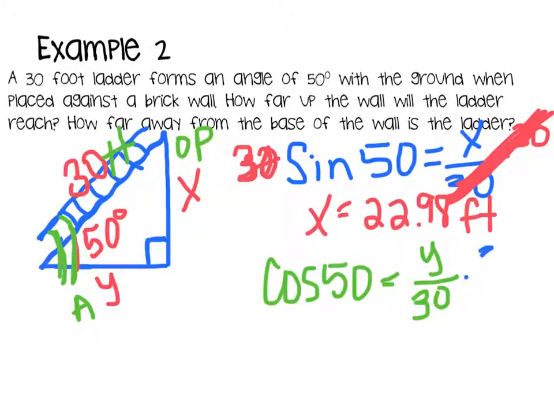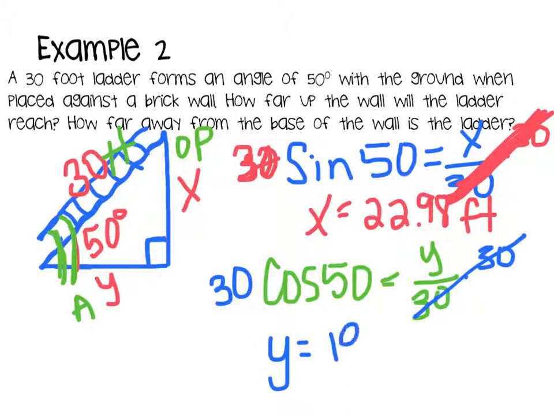Again, you multiply by 30 on each side to get y by itself. So in your calculator, you would type 30 times the cosine of 50. Which in that case, the ladder is 19.28 feet from the wall.